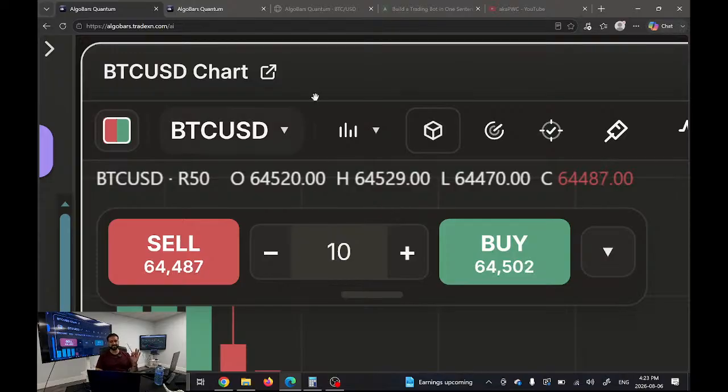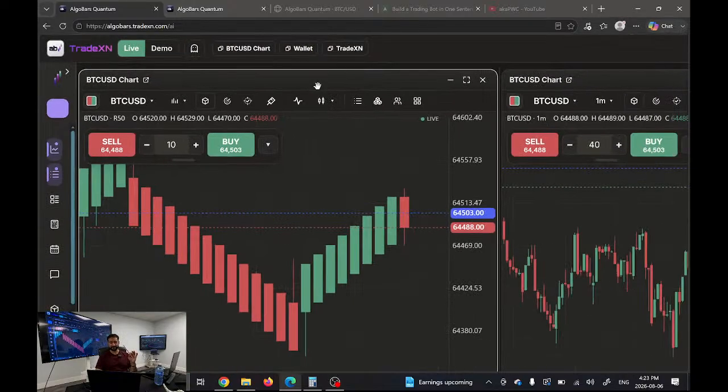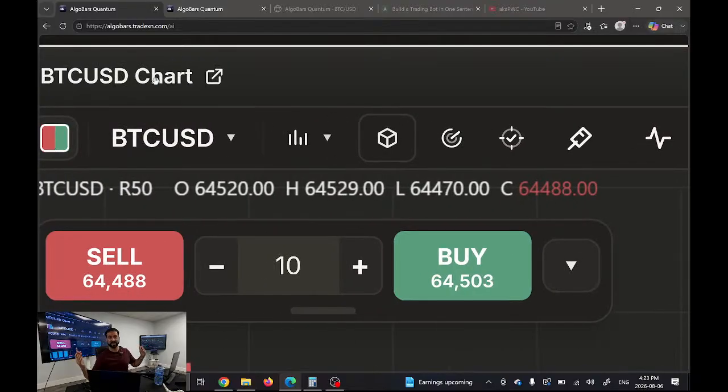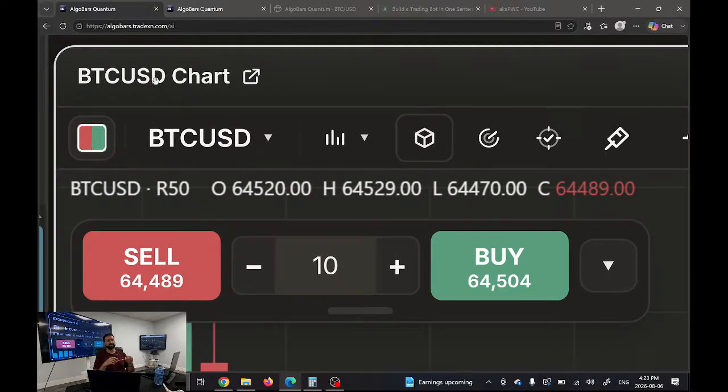Now, let me just explain before we move on, what is trading? Is trading a scam? Am I going to lose all my money in trading? Let me answer your questions. Trading is basically how the world moves. The reason you have a car, the reason you have gas to put in the car, the reason you have electricity, clothes and everything else is because of trading.